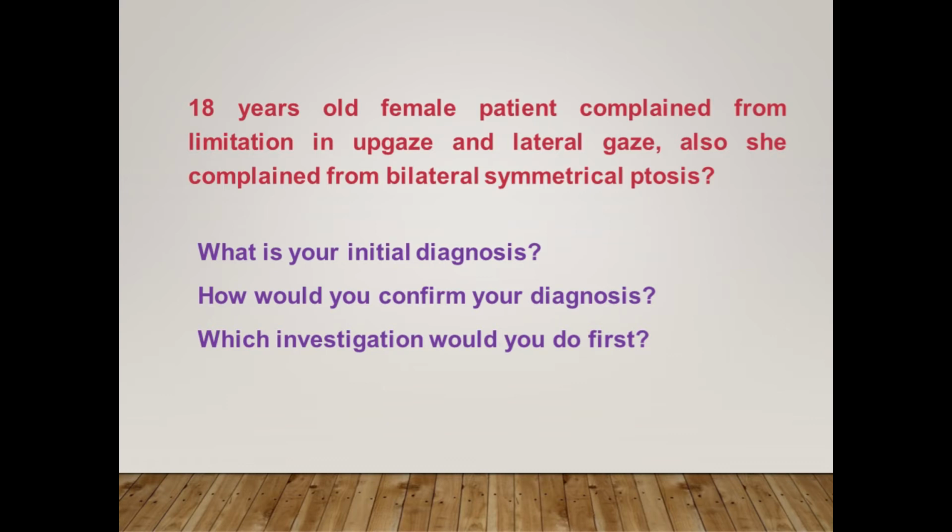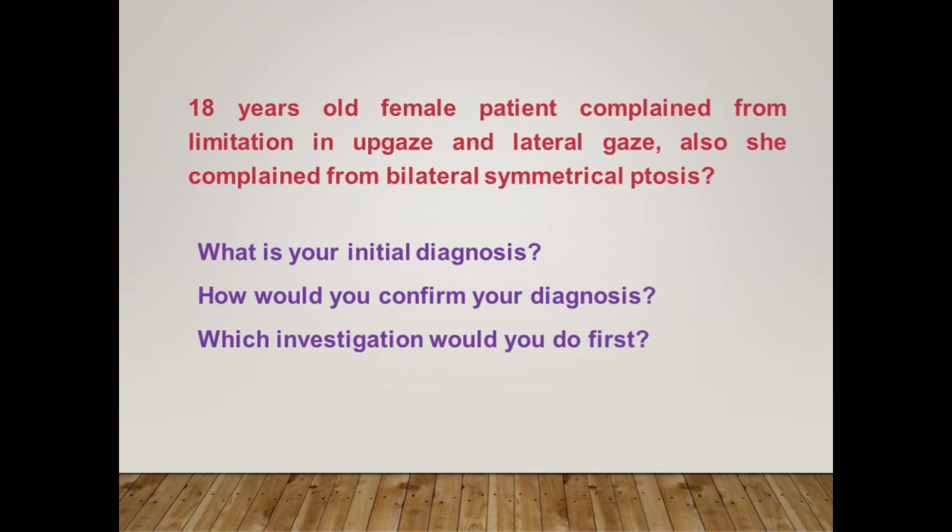Ptosis is almost always asymmetrical, while bilateral symmetrical ptosis occurs in only 3 conditions: blepharophimosis, third nerve palsy of nuclear origin, and chronic progressive external ophthalmoplegia. And this is a case of chronic progressive external ophthalmoplegia, which is Kearns-Sayre.